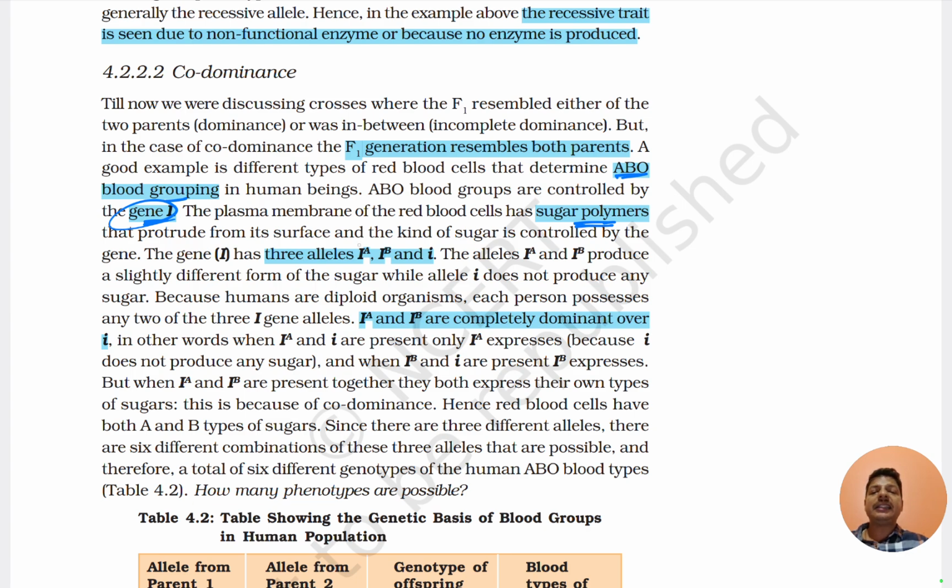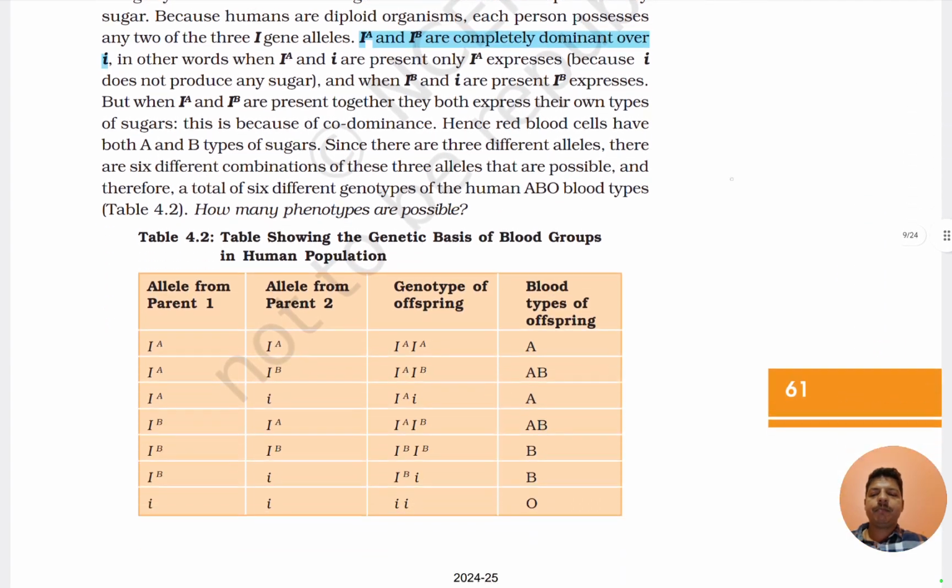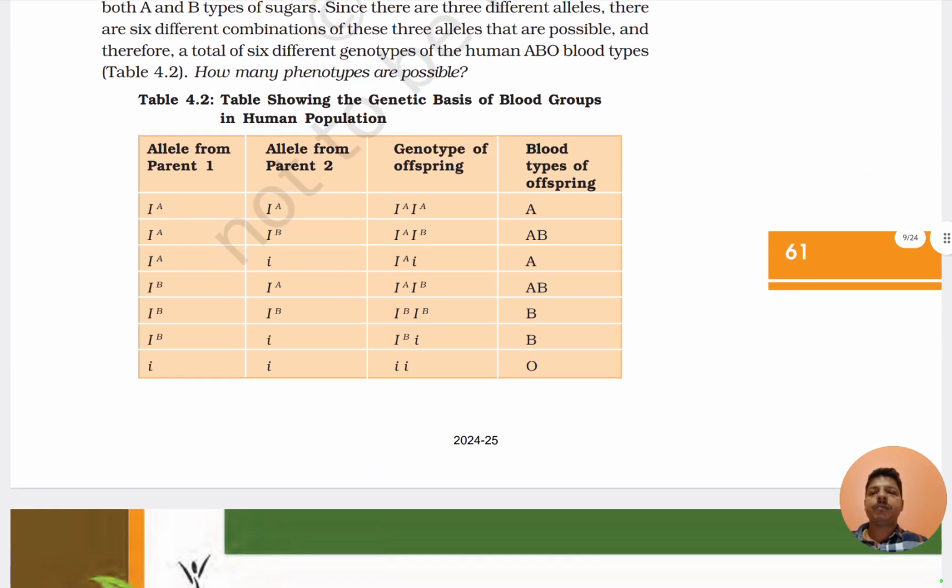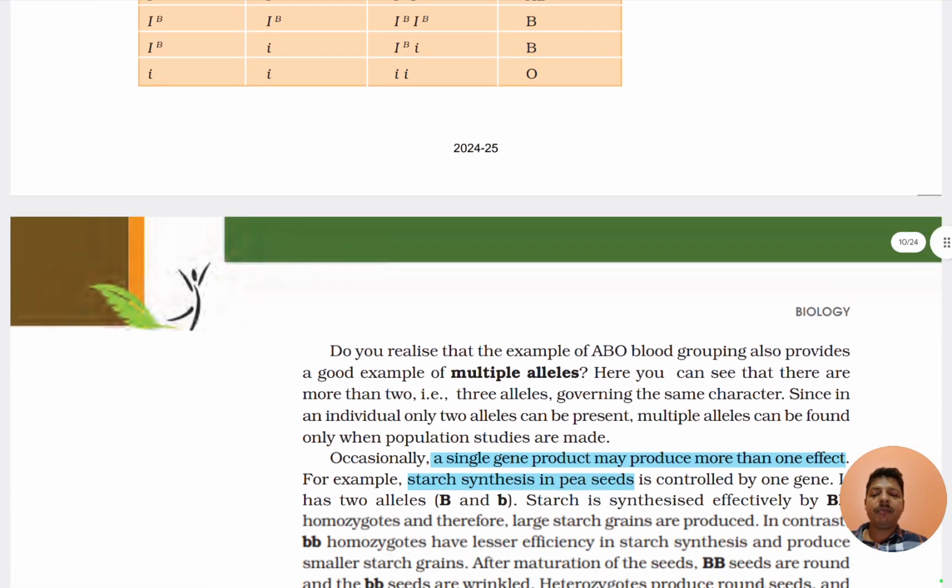The gene I has three alleles like this, and two of them produce slightly different forms of sugar, while allele small i does not produce any sugar. Because humans are diploid organisms, each person possesses any two of the three I gene alleles. IA and IB are completely dominant over small i. And same examples are given. Here the table you can see. We already saw it in the PDF.